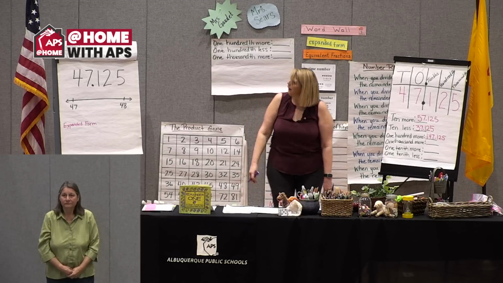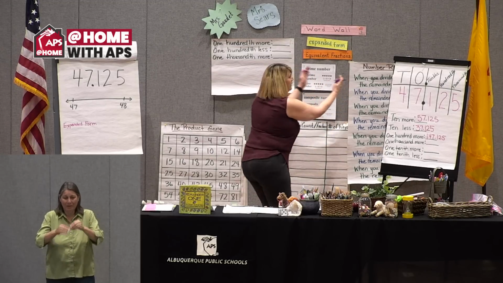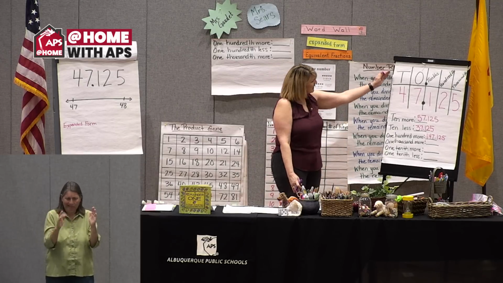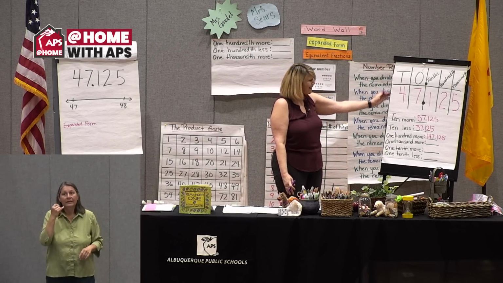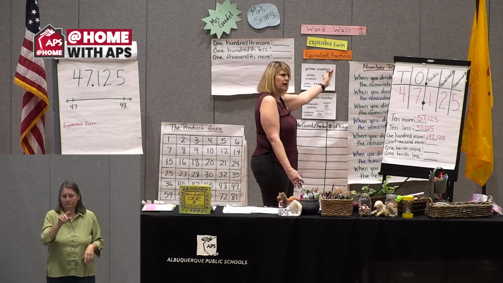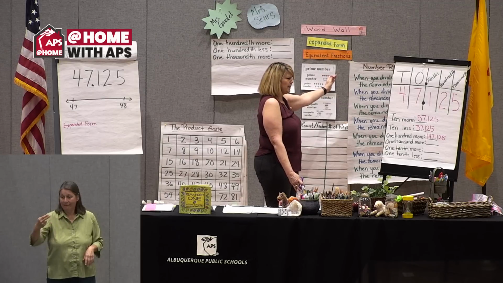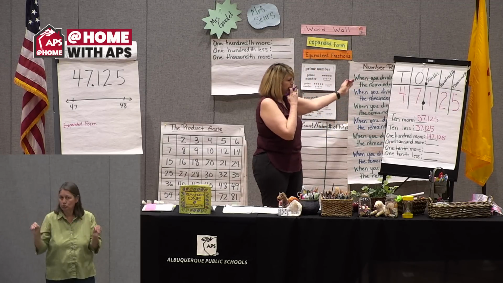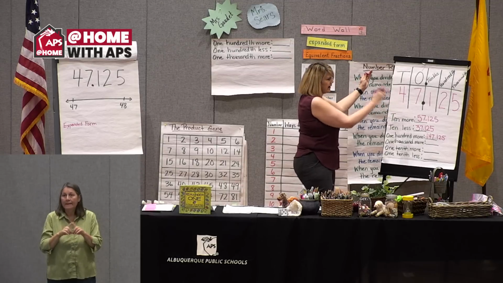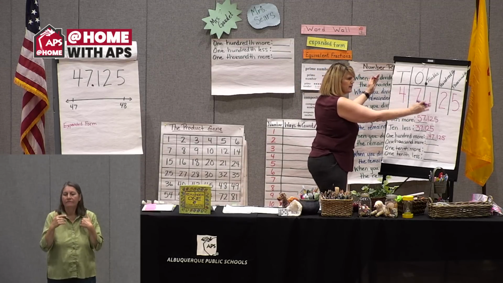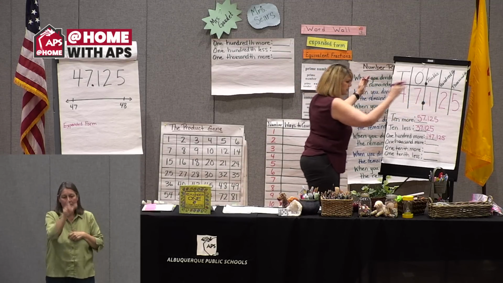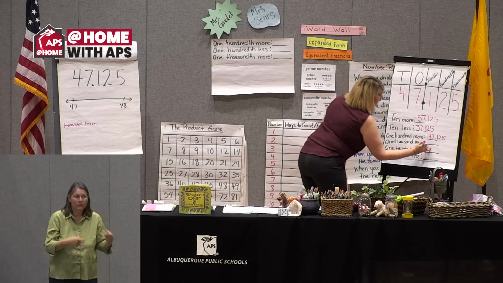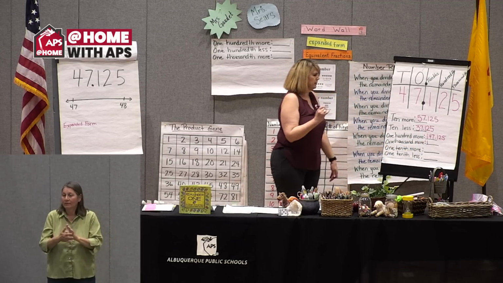1,000 more. I don't have any more room to keep going, but I think I can do this. So if I didn't have the hundreds over here, the next place over would be my thousands. I'm not going to have any hundreds in there. I'm still going to have the tens in there. I'm still going to have the ones in there, the tenths, the hundredths, the thousandths. But what am I going to put? I've got to put a 1 in that thousands place.